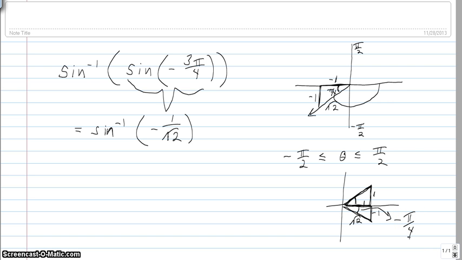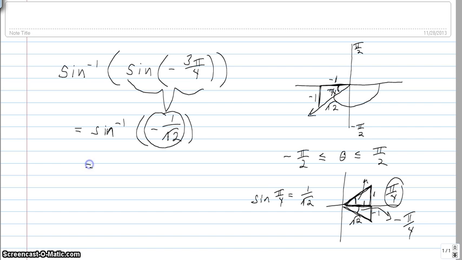It can't be positive pi over 4, because if I take the sine of positive pi over 4, I get a positive 1 over root 2, but we can see that I needed a negative 1 over root 2.